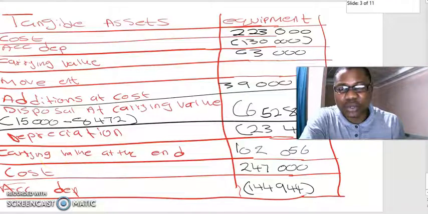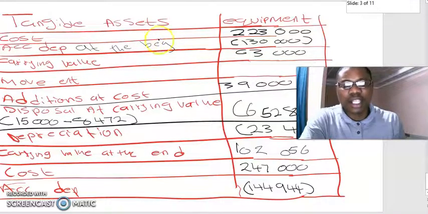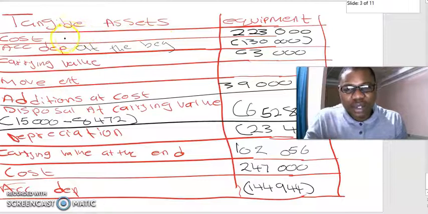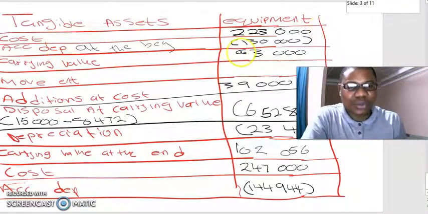The format is simple. Why am I saying it's simple? Because you look at this. We look at the beginning of the year here. Let me write it at the beginning of the year. You look at the cost, you look at the accumulated depreciation, then these two give you what?